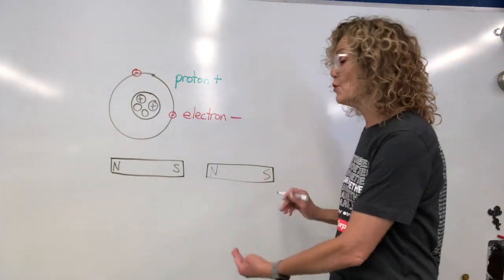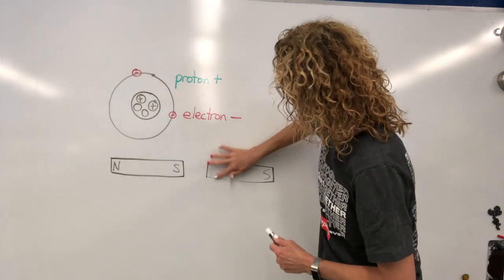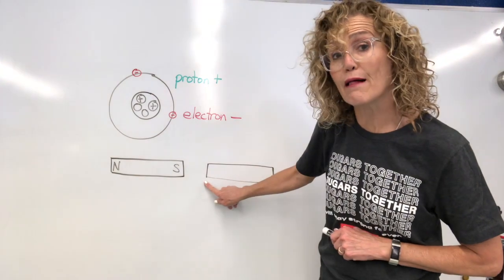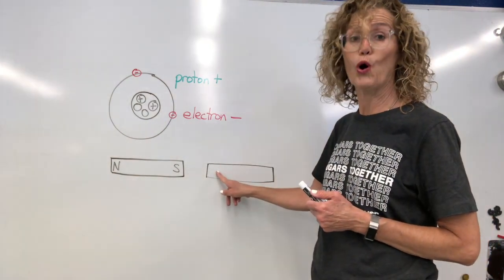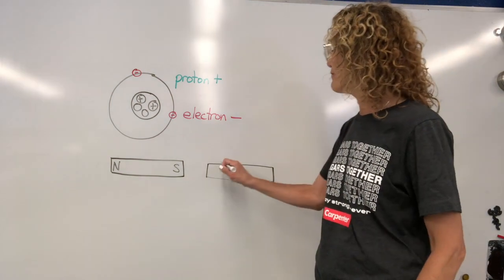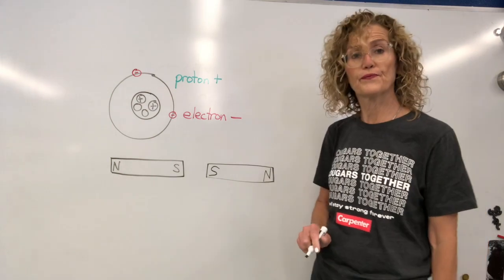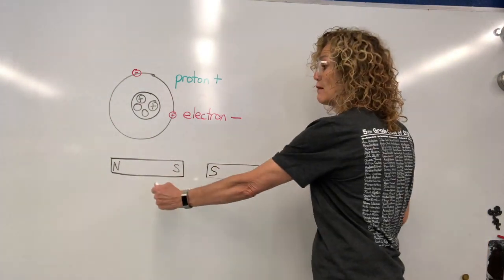And then they would attract. However, if I want this magnet to repel, I need to have the same pole, south and south or north and north. And then those two magnets would repel.